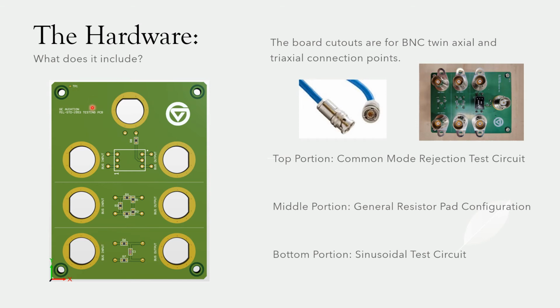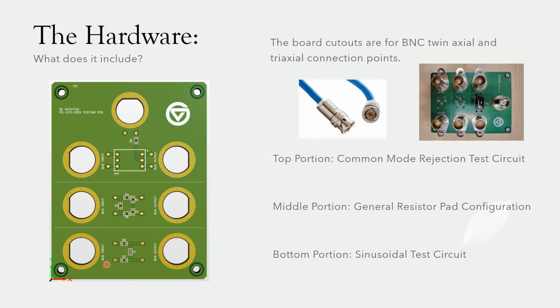You'll notice there are strange cutouts through the surface of the PCB. These are for panel-mounted B and C twin-axial and triaxial connectors, where a B and C twin-axial connector will be placed here for the function generator's input. The rest will be triaxial connections for the military standard differential data bus's connection.